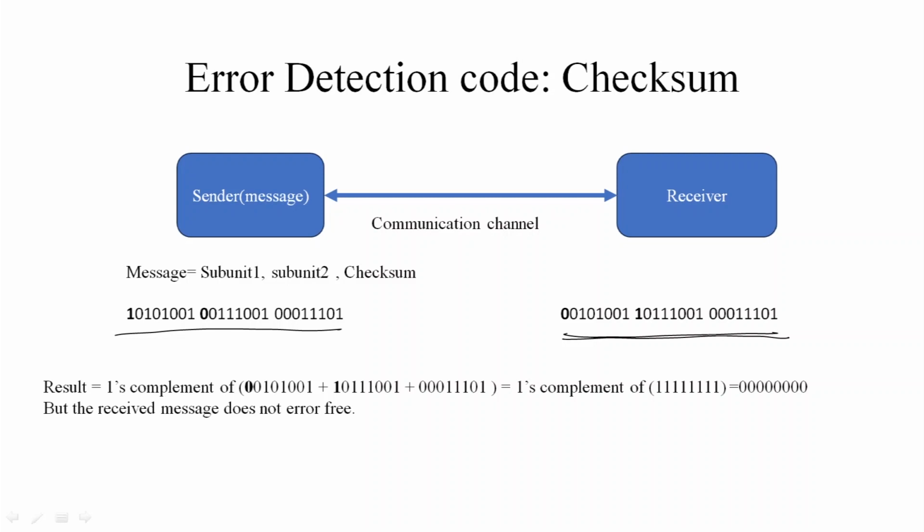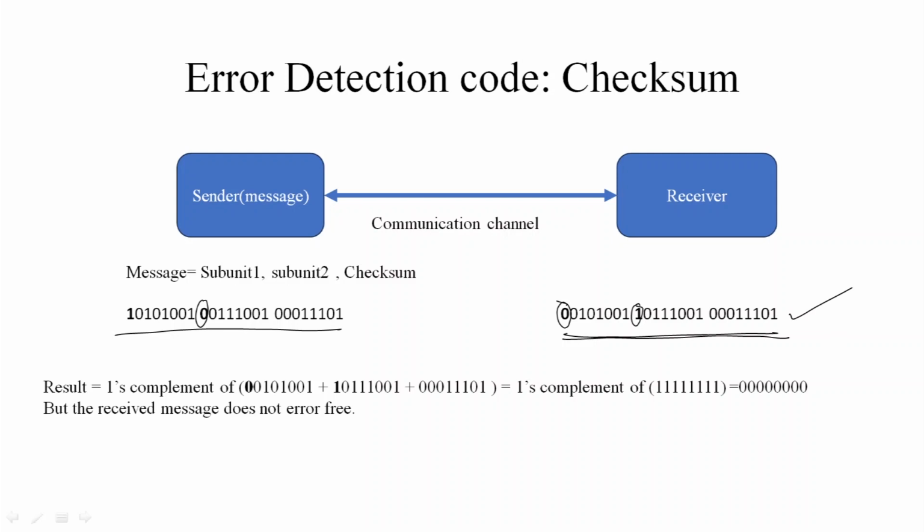What happens when more than one bit is changed? On the sender side, subunit first starts with 1, but the received subunit first starts with 0, which is an error bit. Another bit change is here: this is 0 and here this is changed, this is 1. The rest are the same, and the checksum is also the same, 0 0 1 1 1 1 0 1.